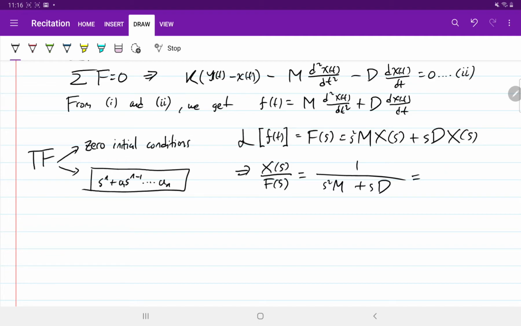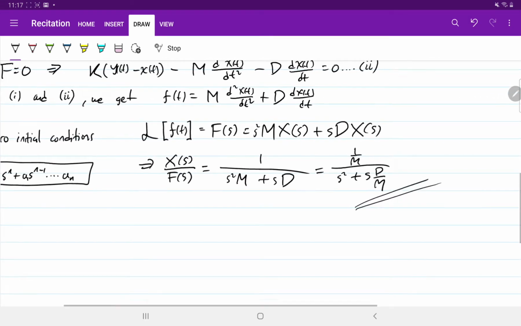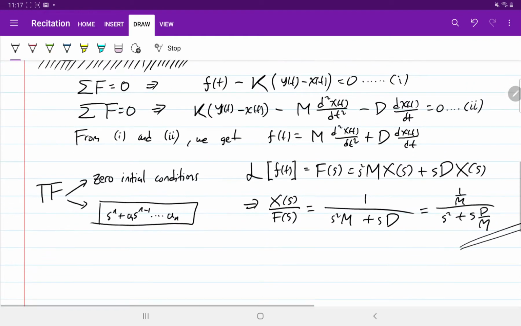Okay, so for this you need to divide the numerator and denominator by m, so s squared plus s d over m. Okay, so this is the transfer function of the system.